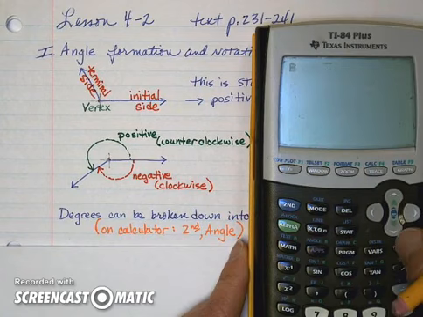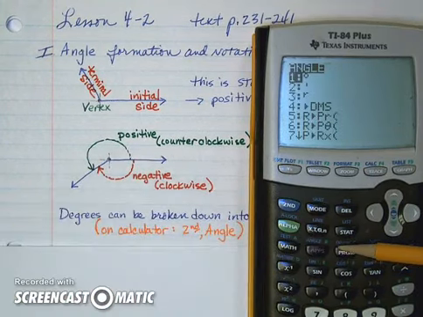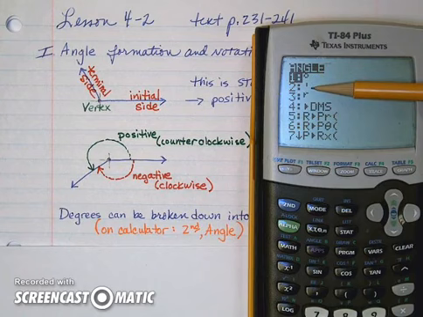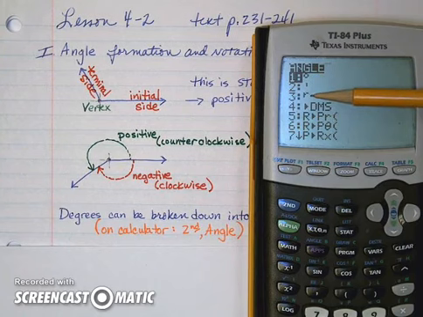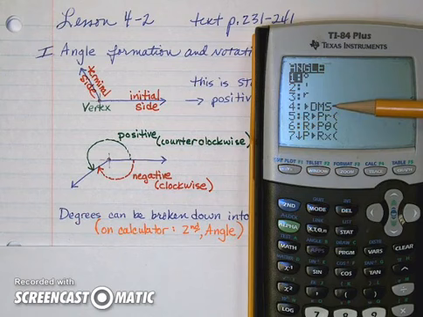So if you do second angle, then you will see the first one is a degree sign, then the one little tick is a minute sign, R for radian, and then you'll see the DMS. That's what we're going to use right now through some of these exercises.